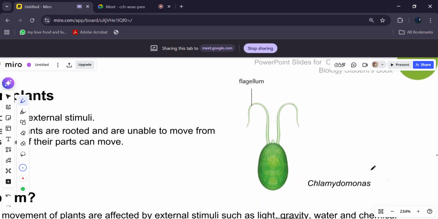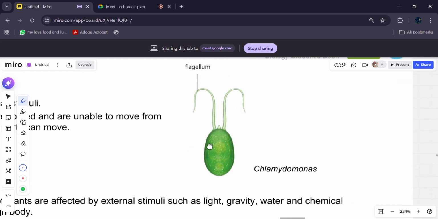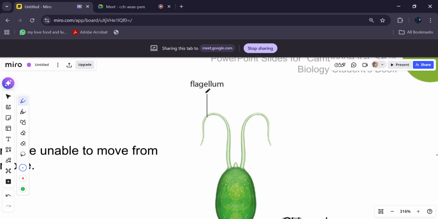So this is a type of unicellular organism called Chlamydomonas. Interesting name. Chlamydomonas. And they have this tail that's called the flagellum. Now this flagellum responds to light by moving towards it.